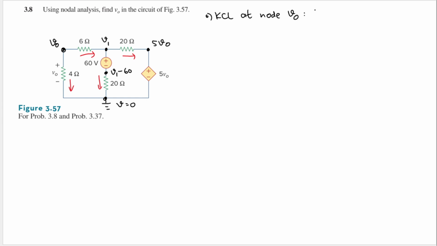KCL says that the sum of the current that goes in will equal the sum of the current that goes out. There is no current that goes in here. All the currents, this one and this one, are going out. So we will have 0 on the left hand side.